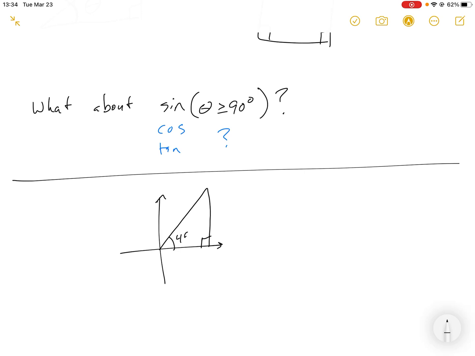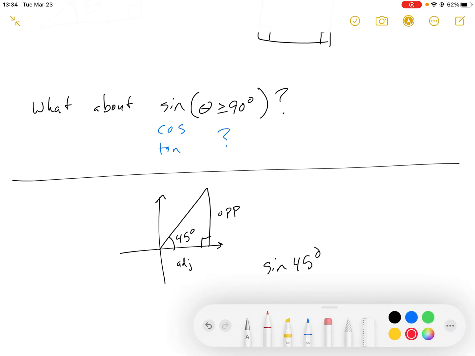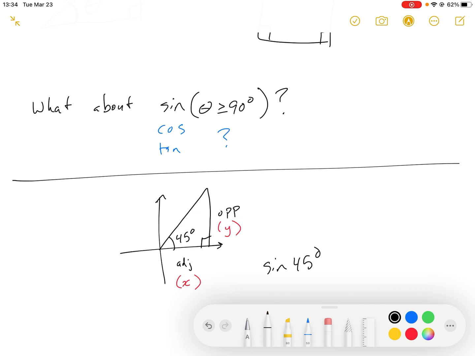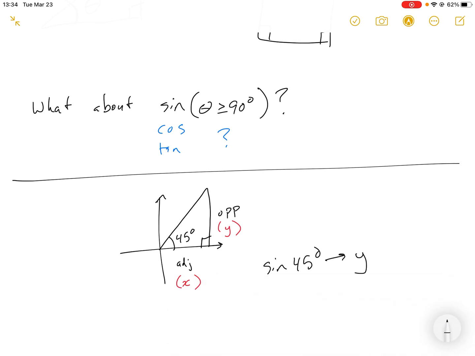And so let's say this was a triangle with a 45-degree angle. They noticed, well, actually, we have this opposite side and this adjacent side. And so sine of 45 degrees is just this opposite. But if we're thinking about this as a coordinate plane, that opposite side is actually y, and the adjacent side is x. And they said, okay, so sine has something to do with the y value.